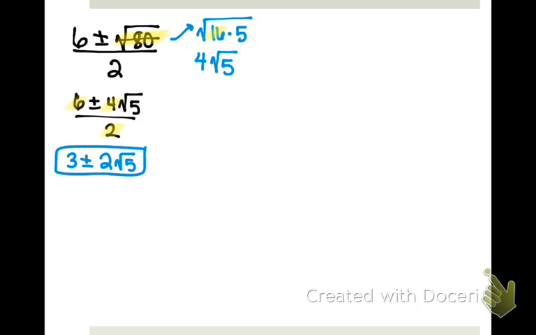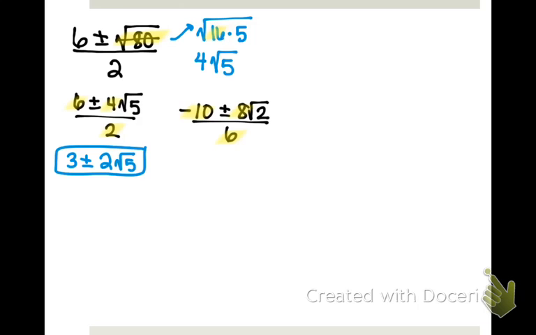Okay, let's say that I got something like negative 10 plus or minus 8 square root of 2 all over 6. Okay, well, these don't all divide out nicely, but I can divide all 3 of them by 2. Notice I'm not highlighting that radical because that's on lockdown.